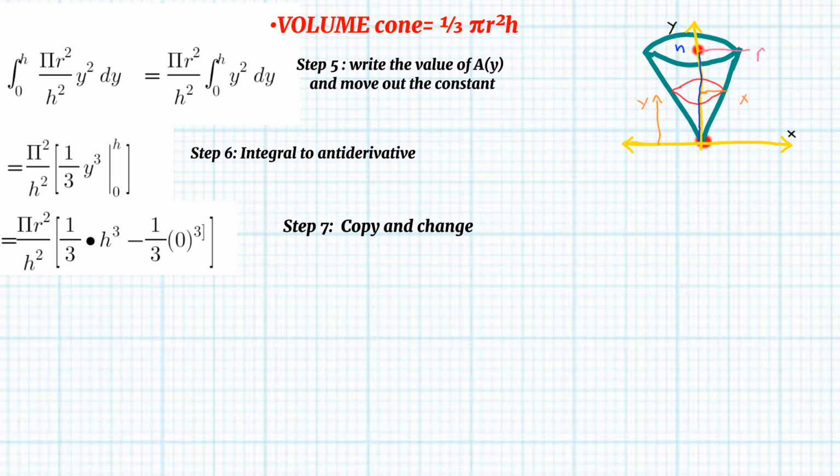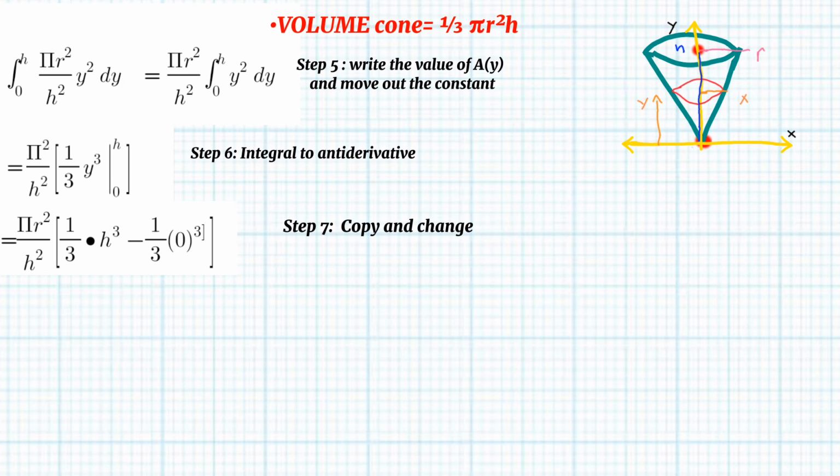So, it will become pi r squared over h squared times 1/3 times h raised to the power of 3, minus 1/3 times 0 raised to the power of 3. So as you can see, 1/3 times 0 raised to the power of 3 is equal to 0.